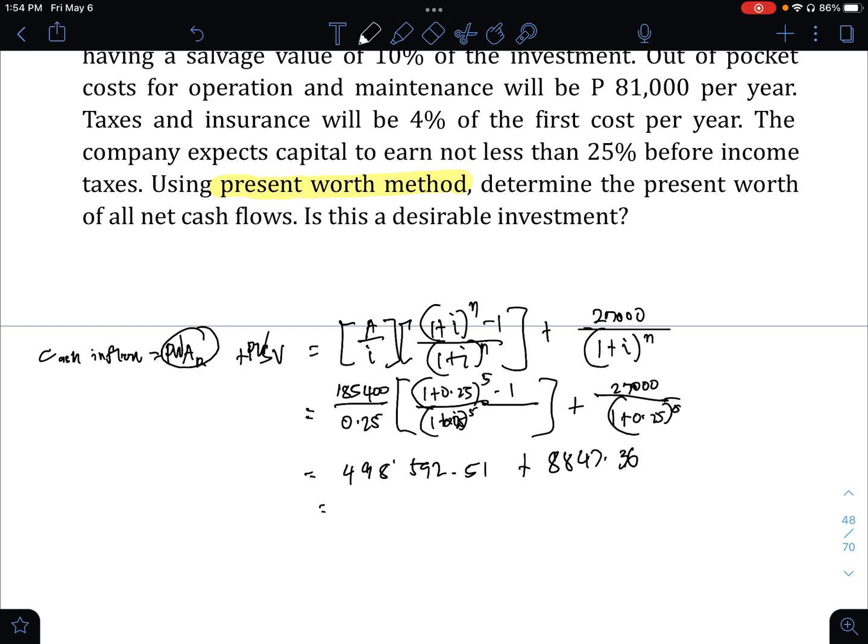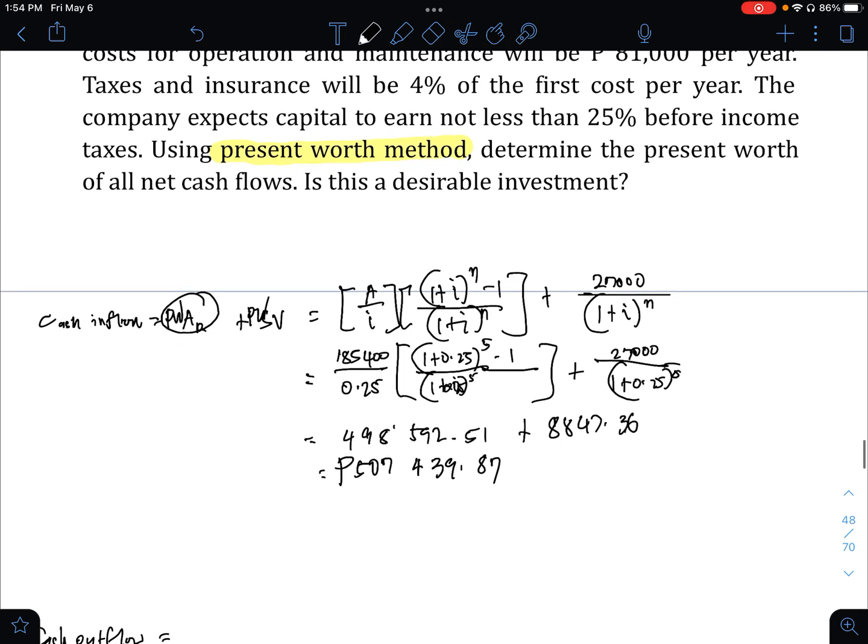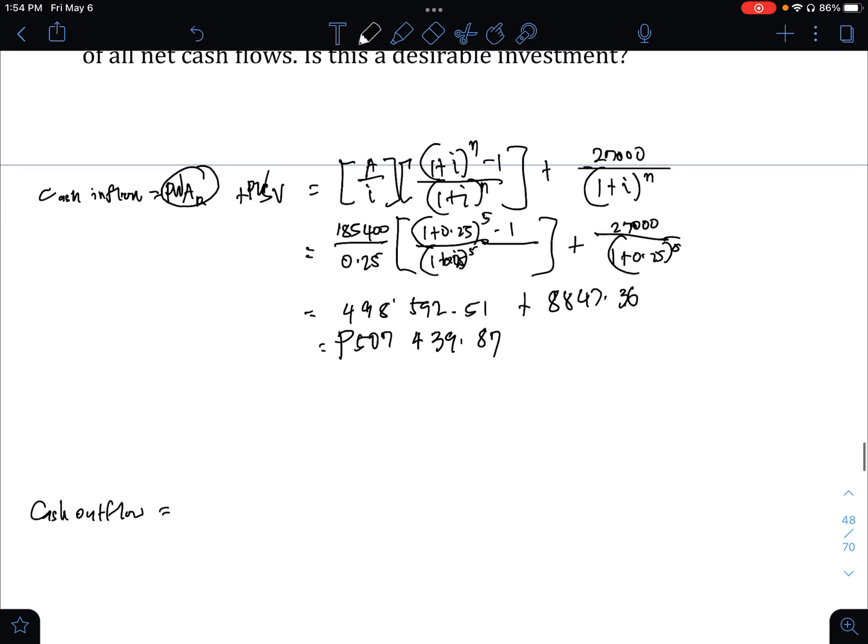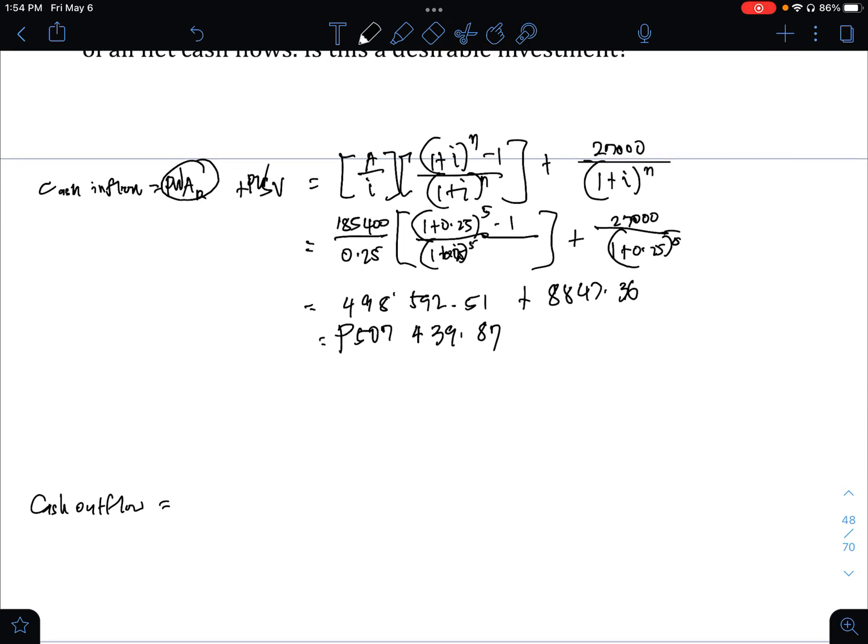And i-add na natin siya sa 498,592.51. It's 507,439.87. Okay. Now, ito na ang cash inflow. Present worth ng salvage value at present worth ng annual revenue. Yan na si present worth method.